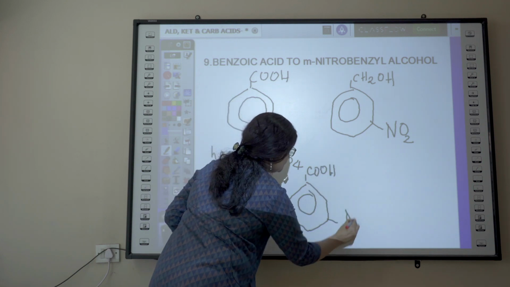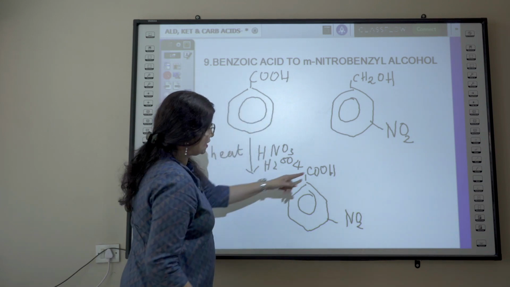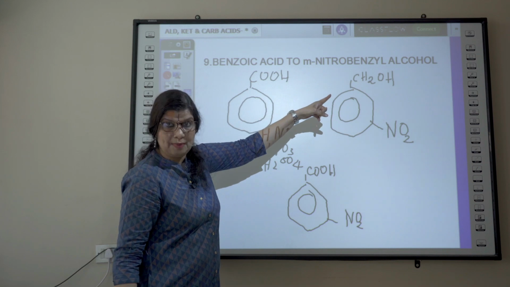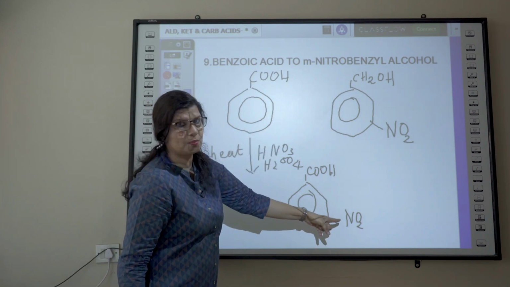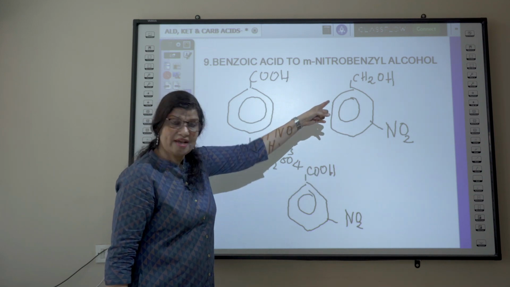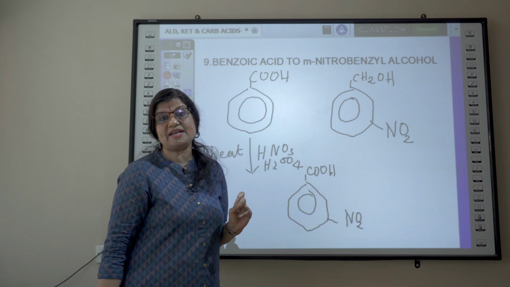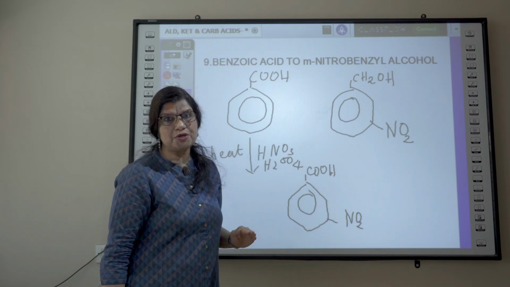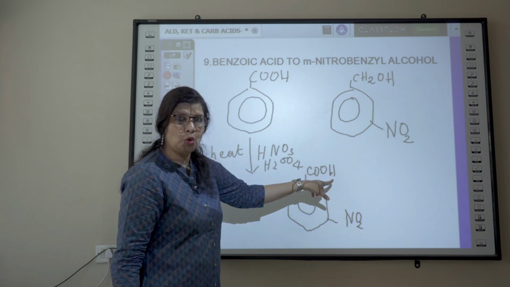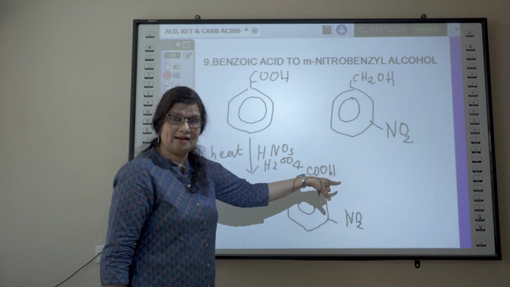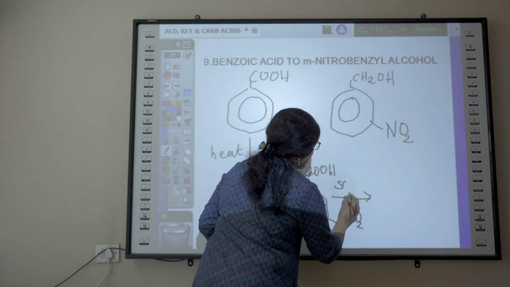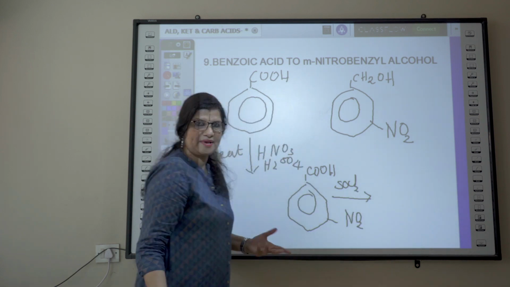meta-nitrobenzoic acid, right? Now to convert COOH to CH2OH, it is definitely a primary alcohol, but the problem is we have a nitro group. So if you subject this to reduction, the COOH gets reduced to CH2OH, NO2 will also get reduced to NH2. So we cannot use strong reducing agents. So first let's convert the COOH group to the COCl, acid chloride, and that is done by reacting with SOCl2 or PCl3 or PCl5.